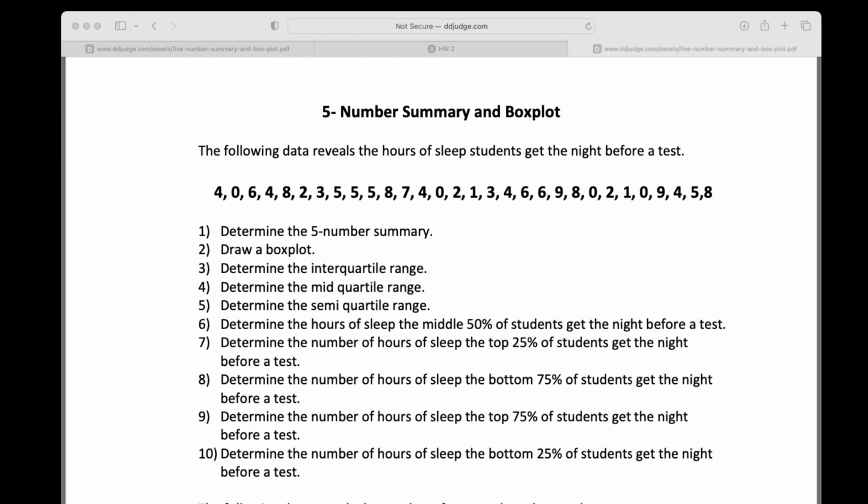You get to use your TI, 5 number summary and a box plot. We're going to go over that really quick, with some questions as well. This is a nice little warm up, ladies and gentlemen. We'll give you some time to try this out. This is the data. Let's see how we can handle this, okay?